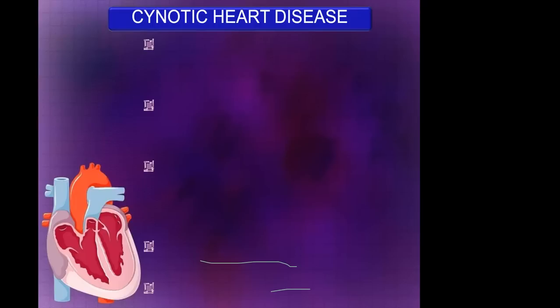And the primary pathology arises either due to an obstructive lesion or due to abnormal anatomy, or even sometimes both. And the shunt present is predominantly from right to left, due to which there's shunting of venous blood without passing through the lungs to be oxygenated.